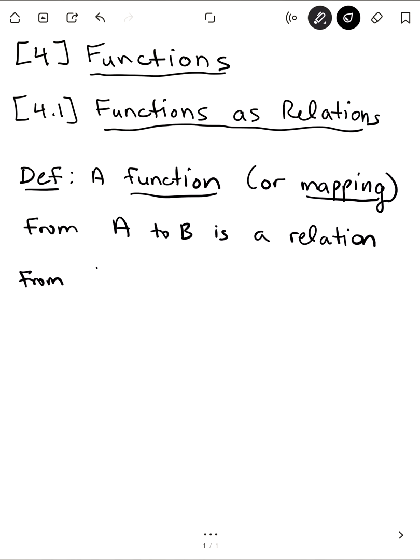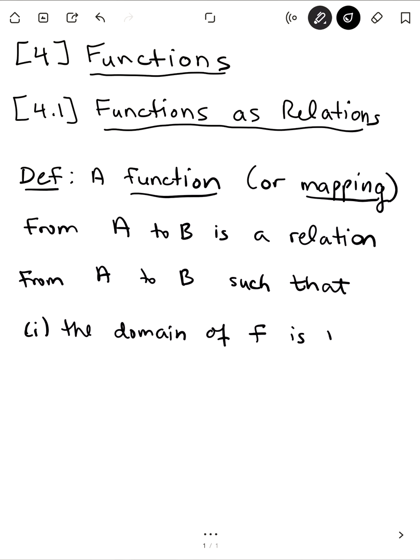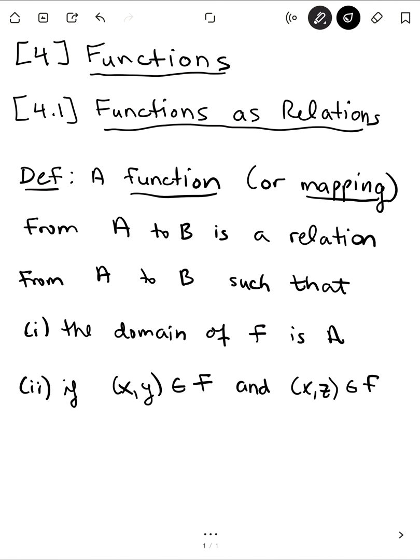From A to B, such that one, the domain of f is A, and second, if xy is an element of the relation f, the function f, and xz is an element of the relation f, then we must have that y equals z.